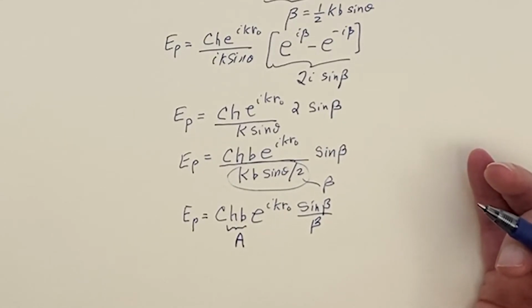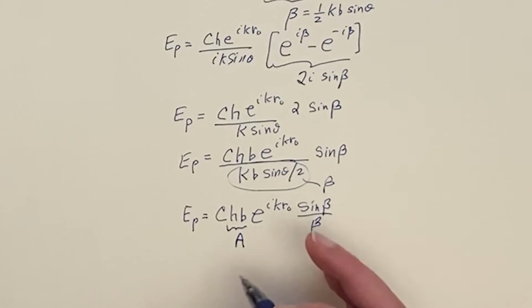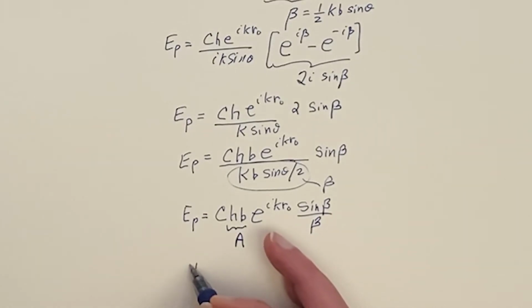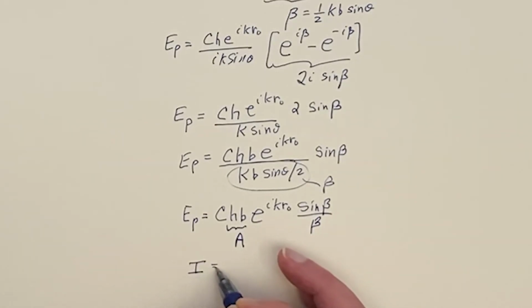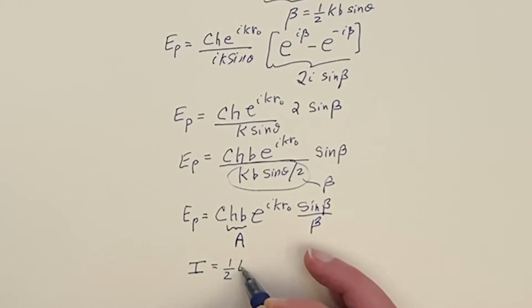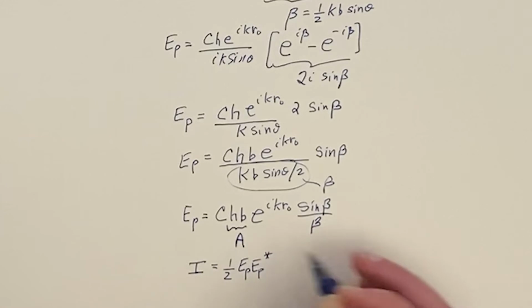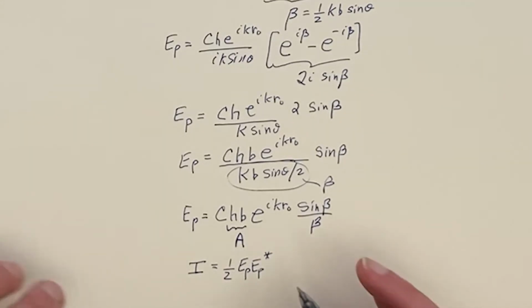Nice. So here, if we want to find the irradiance, remember that's 1/2 times the E_P amplitude squared, but since it's complex, we do the z star idea.